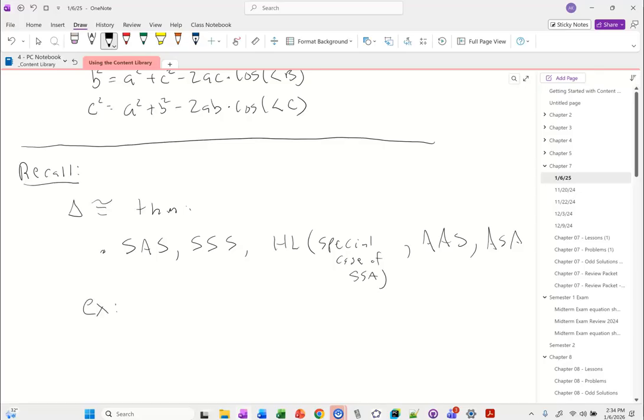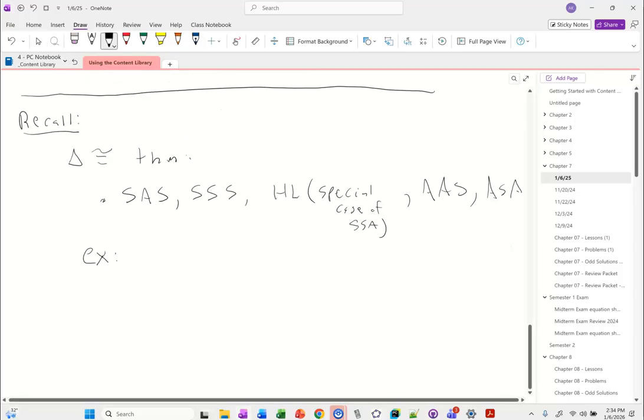I'm going to draw some examples of triangles with given information, and you're going to tell me whether it's a side angle side, a side side side, an SSA, an AAS, or an ASA triangle. Okay? This is super important.